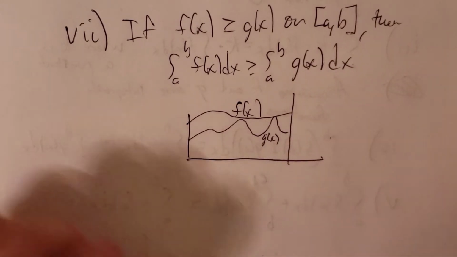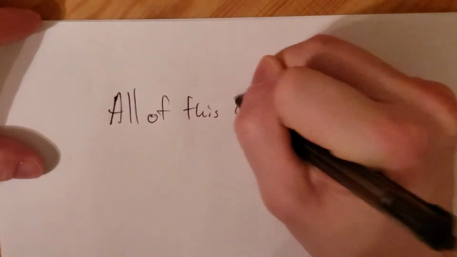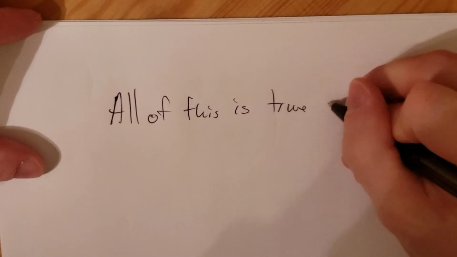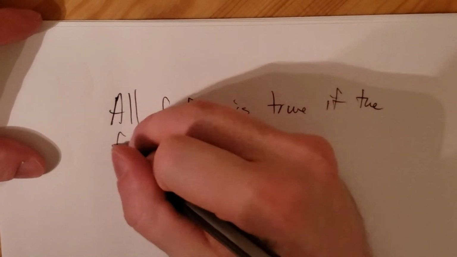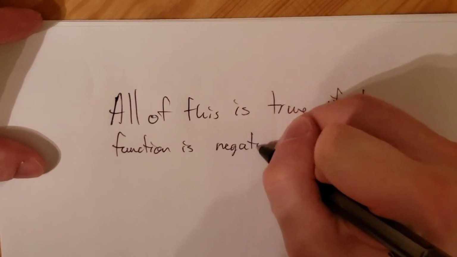Okay, now, all of the things that we've said are true. We've been talking about areas under the curve so far, but really all of this is true if the function is negative on some intervals.